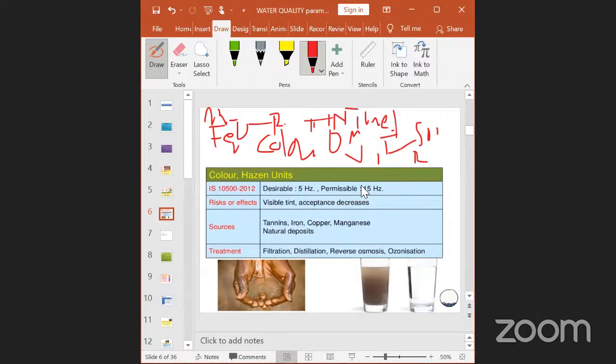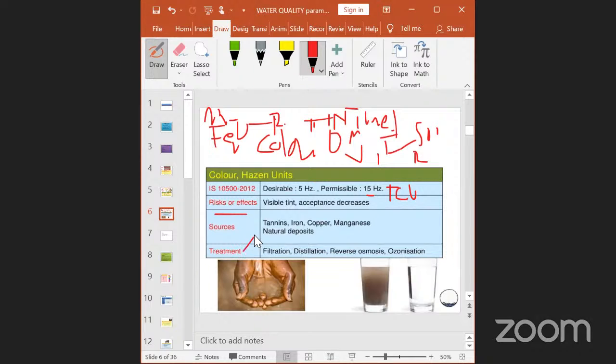for the color of drinking water is 15 TCU, true color unit, or HZ, right? So the risks or effects are visible tint and decreased acceptance, and the sources are iron, copper, manganese, and natural deposits.